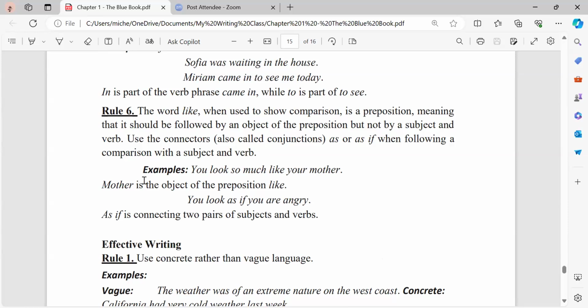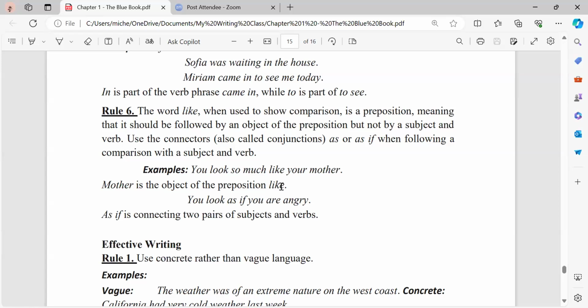Mother is the object of the preposition "like". "Like" is a comparison saying that it is similar. Technically, in this sentence we are comparing the look of the person we're talking to with their mother. So that's why we say you look so much like your mother. This is a comparison kind of sentence.